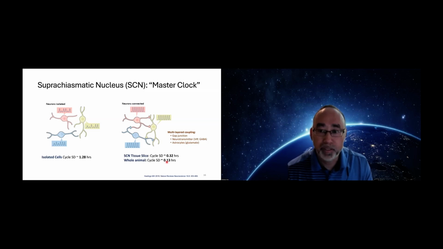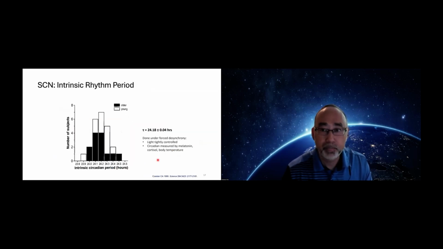So when all of this scales up to the whole animal, the system becomes incredibly precise, with a cycle standard deviation of only minutes. And so this collective synchrony is what allows the SCN to reliably orchestrate the rhythms across the whole organism. And so even without external cues, the SCN generates an intrinsic circadian rhythm.